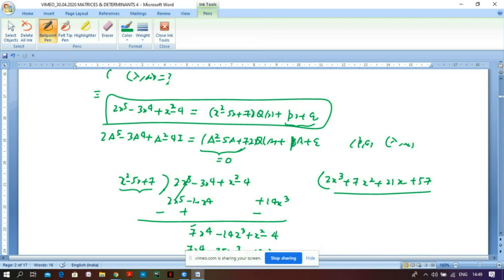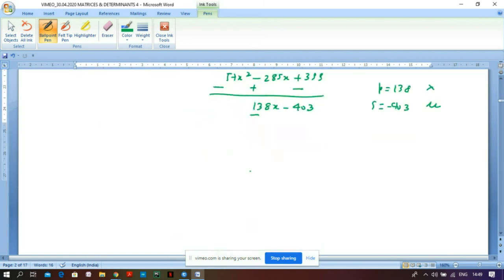We can also have a different method, but I would assume this is faster. Some people do it like this, but I don't recommend it. I'll just write a few lines to tell you please don't do this. Somebody can write a squared is 5a minus 7i, and then a cube is 5a squared minus 7a.